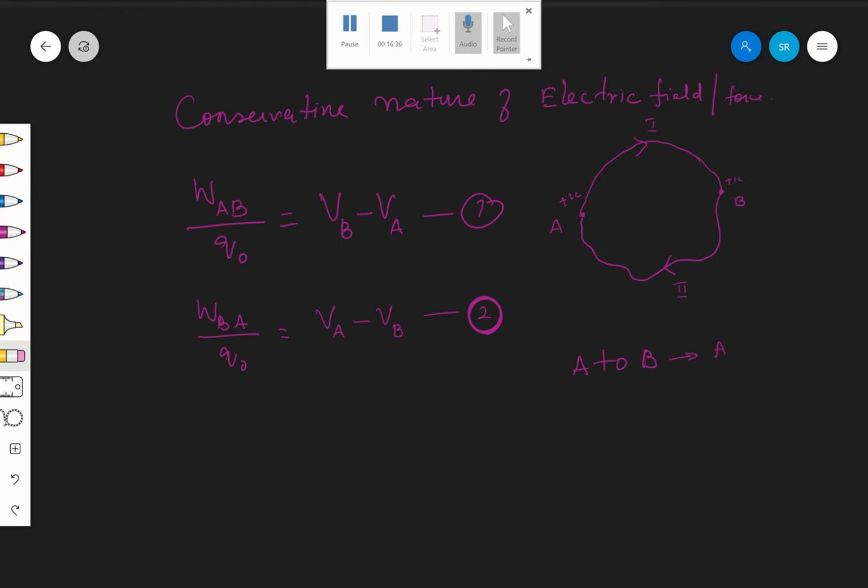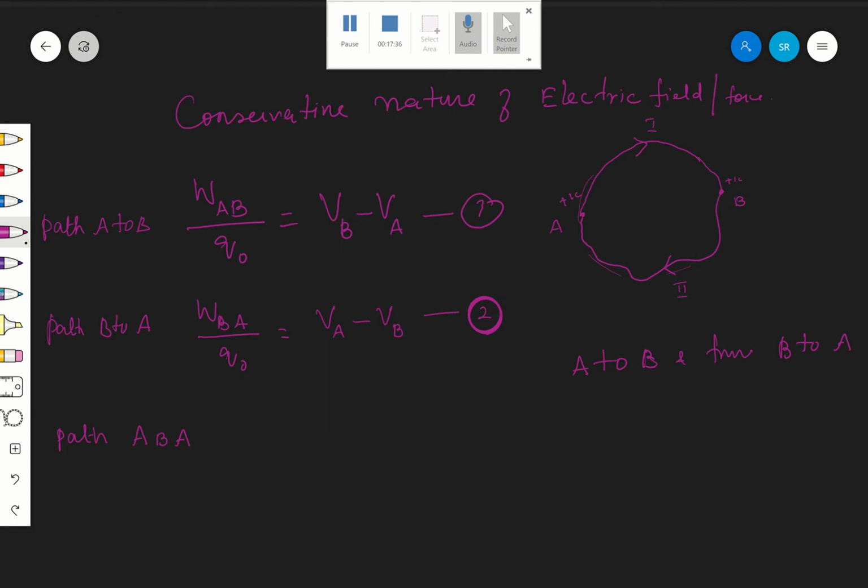This is the work done in moving a unit positive charge from A to B along path 1, and here path B to A is path 2. So this is the work done in carrying a unit positive charge through the closed path ABA, fully.